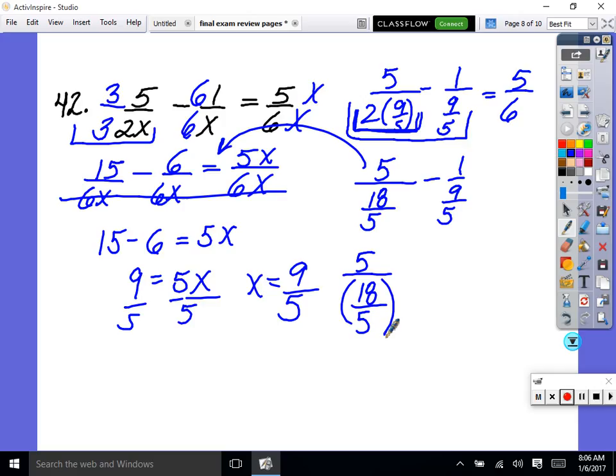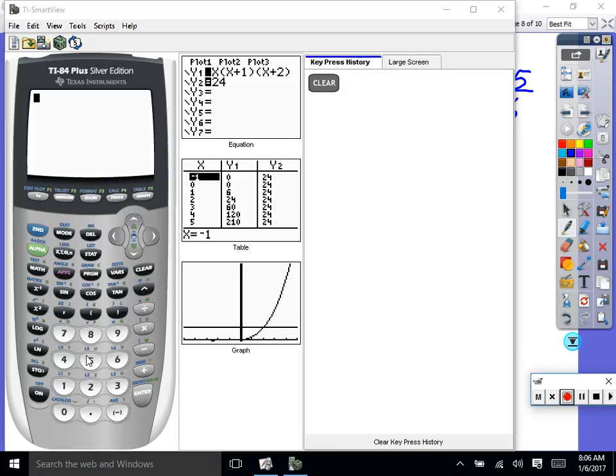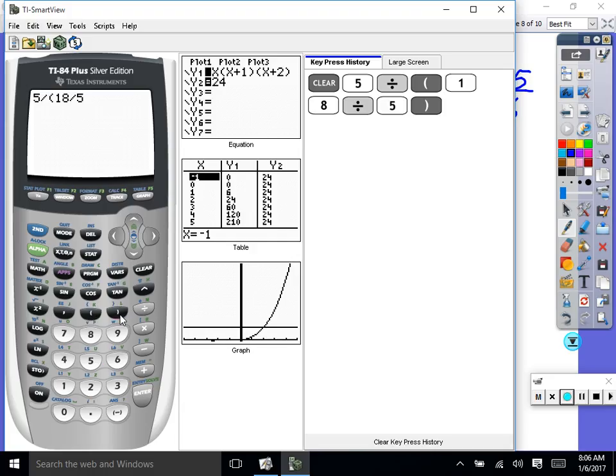Let me just show you. Let me pull up my calculator. We're doing 5 divided by parentheses 18 divided by 5. I'm going to hit enter. I'm going to hit math, enter, enter.